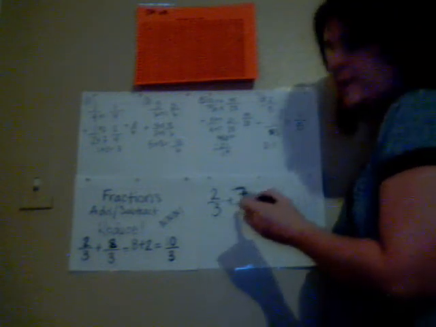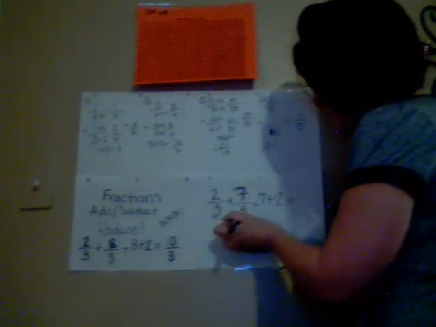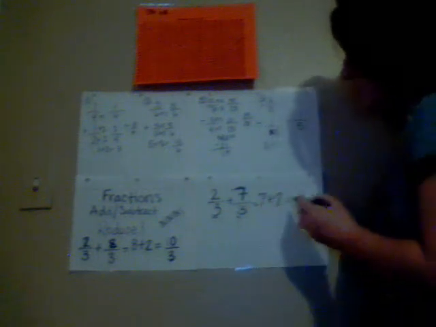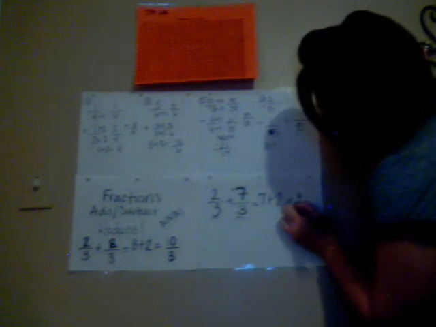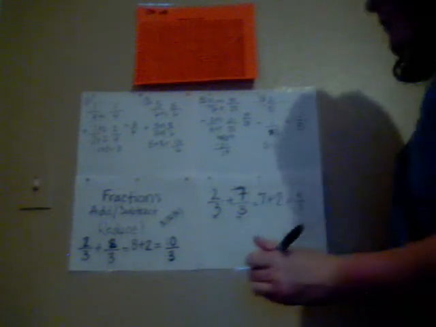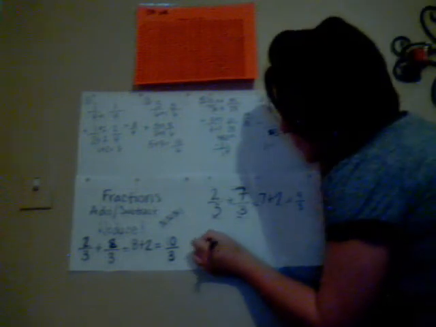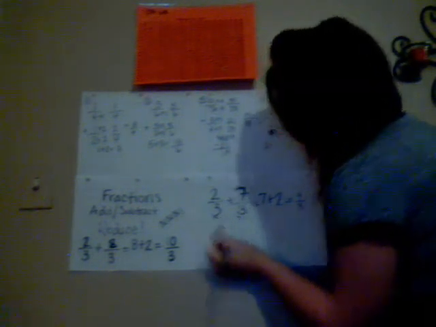Now we're going to try a new one. 2/3 plus 7/3. We have the same denominator, so all we have to do is work our problem. 7 plus 2 is 9. And our bottom number is the same, 3. Now we have 9/3. Since it's a small number, we can draw it out. 1, 2, 3, 4, 5, 6, 7, 8, 9.